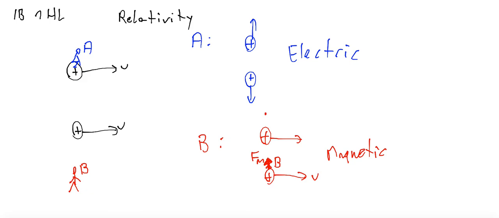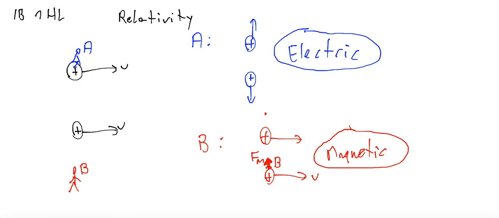But the conclusion is that in one frame of reference, from the perspective of observer A, there is an electric force between the charges, and in another frame of reference, from the frame of reference of observer B, there is a magnetic force, because observer B sees the movement.